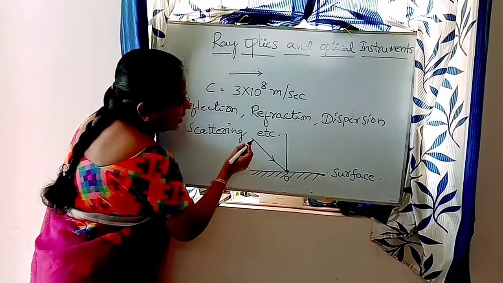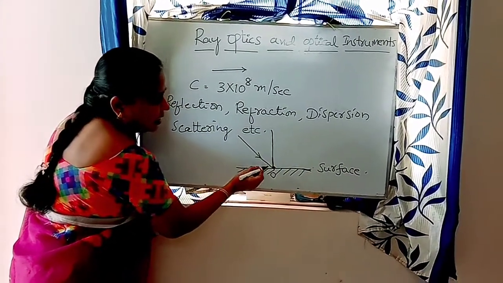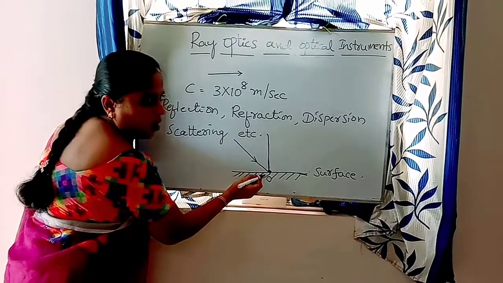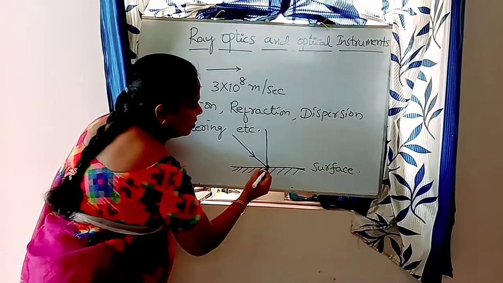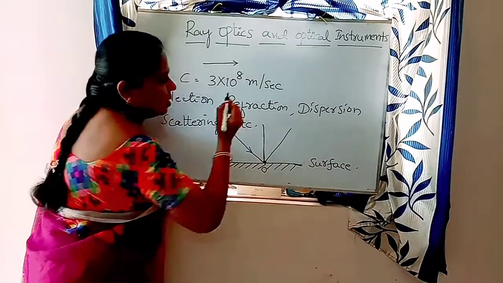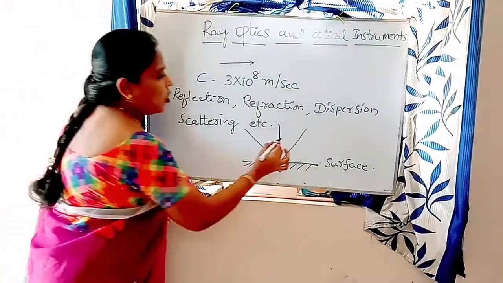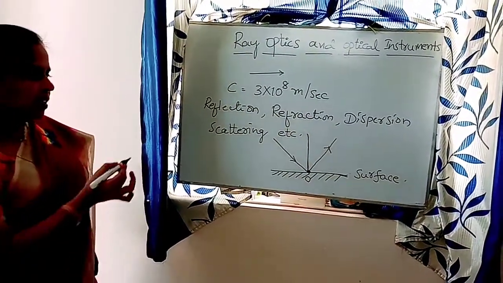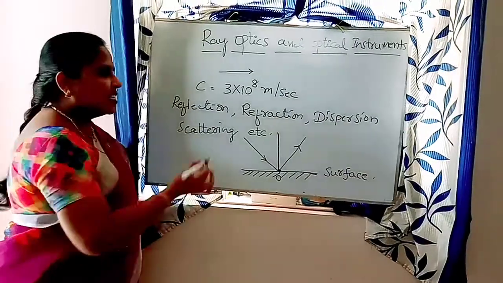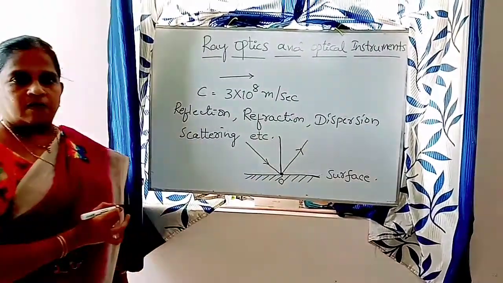When the light ray is incident at point O, then it bounces backward. That is called reflection.